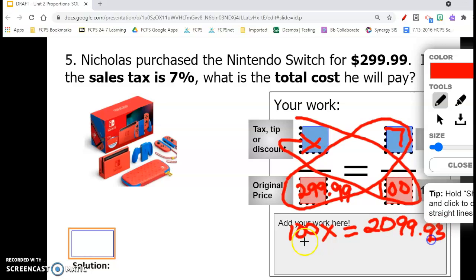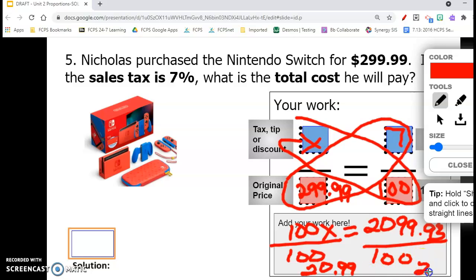And we're going to divide both sides by 100. Once you do that, forgive my slowness, divide it by 100, and that gives us your actual tax is $20, and really it's 21 because it's 999, so $21 is your tax.